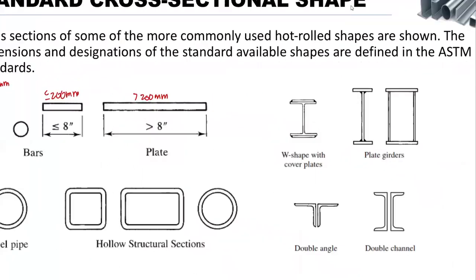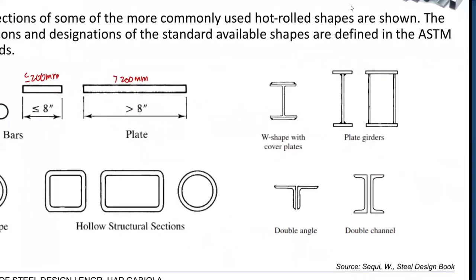Okay. Then we have the built-up shapes. Built-up shapes are used when, let's say, you want to create a section that is not available in the construction manual. Let's say for the W shape section, you intend to have a depth of maybe 1 meter or 2 meters, but the construction manual does not have a size for that depth.